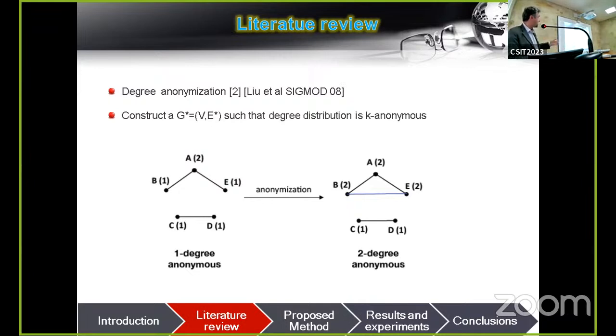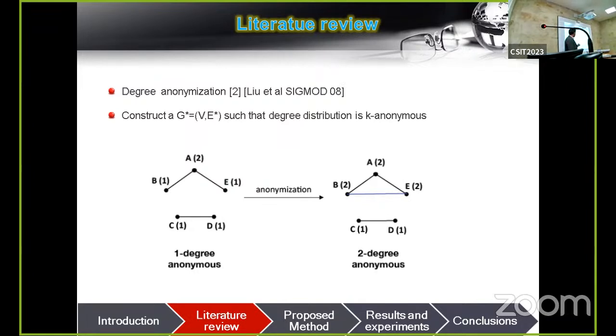In the figure you can see we have three nodes with degree 1 and one node with degree 2. So here degree 2 is non-anonymous, that is ready for attack. But if we add an edge here, we have 3 nodes with degree 2 and 2 nodes with degree 1.